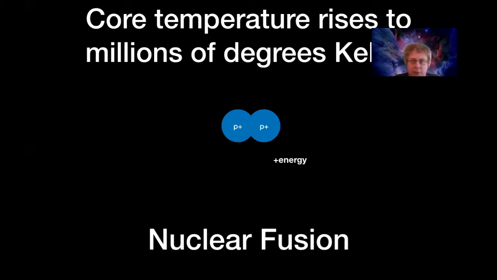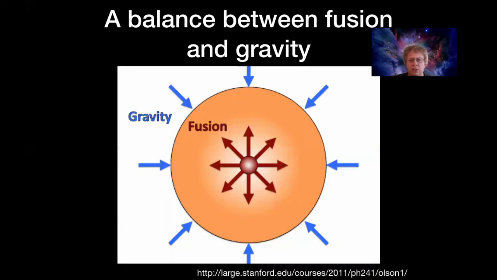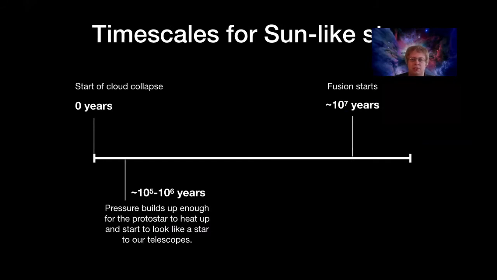And this process starts happening over and over and over in the cores of stars, and it creates enough energy to heat the star from the core, make the gas push backwards against gravity, essentially hold it in a perfect balance between the fusion going on in the core and the gravity pushing down from outside. And this balance lasts a long time. This is what we call the main sequence, the main lifetime of a star. This is where our sun is right now.